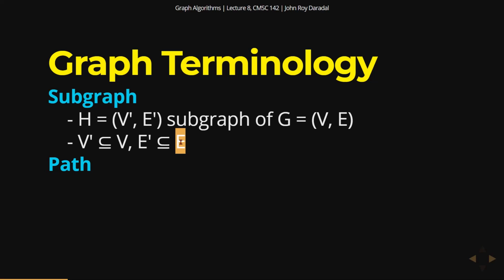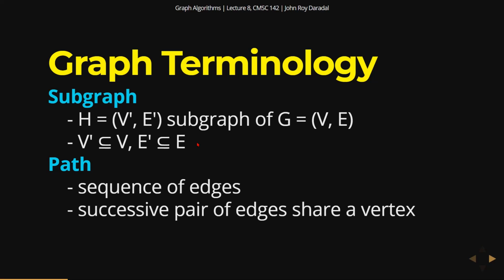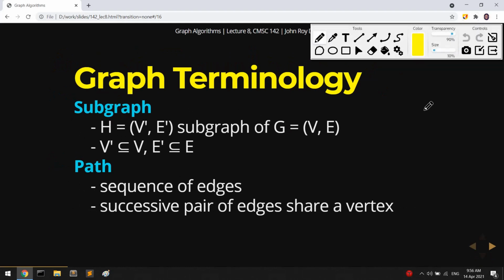And then a path is just a sequence of edges in which successive pairs of edges share a vertex. Later on, we will see paths when we talk about shortest paths. But let's say that we have a graph like this.